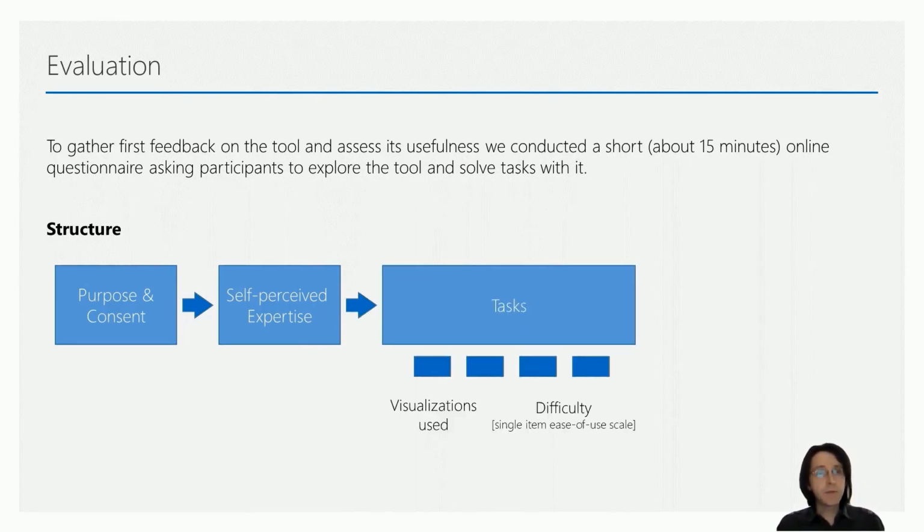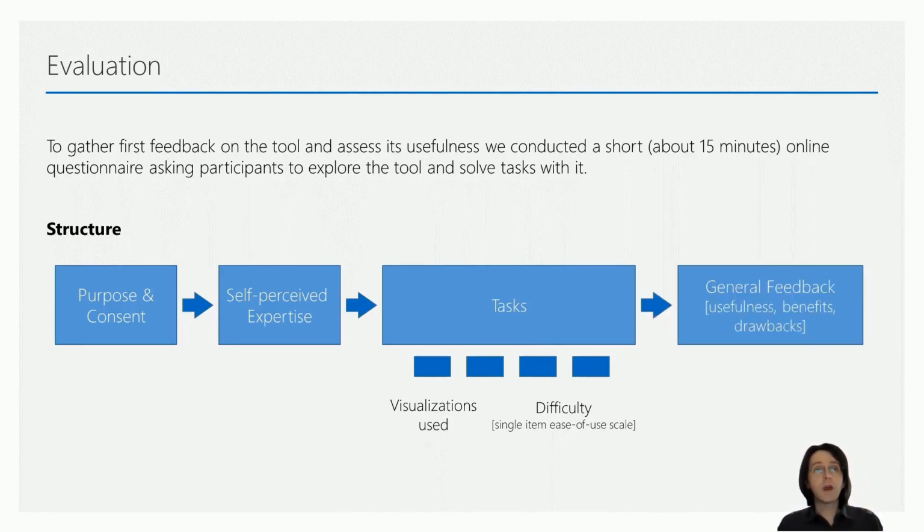Next, the participants had to solve 4 tasks with the tool. For each of the tasks, we required them to indicate their solution, the visualizations they have used to solve it, and how difficult they perceived the task. And lastly, we asked for general feedback with respect to the usefulness and the current benefits and drawbacks of the tool.